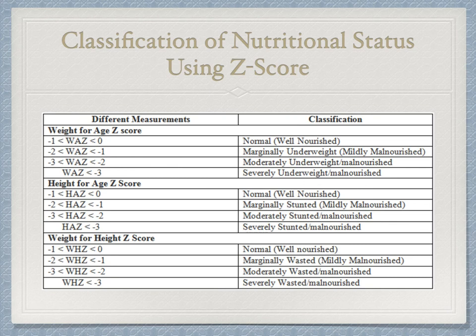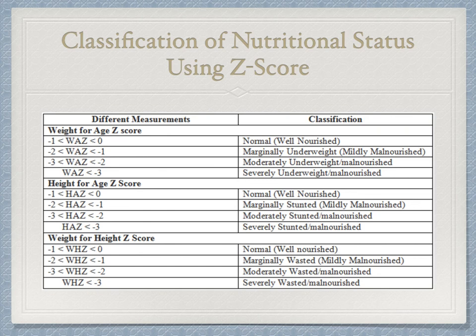So how do we use z-scores to classify nutritional status? The first thing to note is that classifying nutritional status doesn't necessarily mean diagnosing malnutrition. The normal range on all of the z-score values is considered to be negative 1 to positive 1.